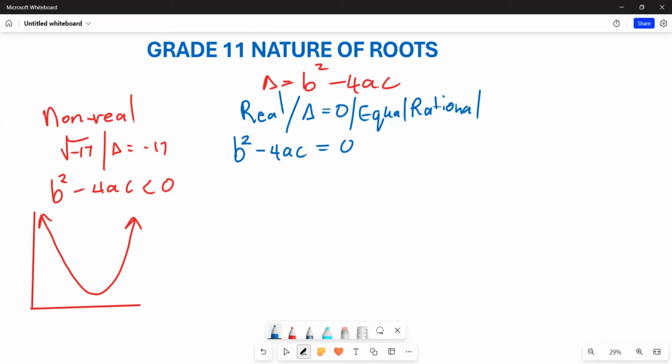For an example, if you look at the square root of 0, you realize that this gives you your real roots. When you substitute into b squared subtract 4ac and you find your answer as 0, then you'll know that your roots are real.